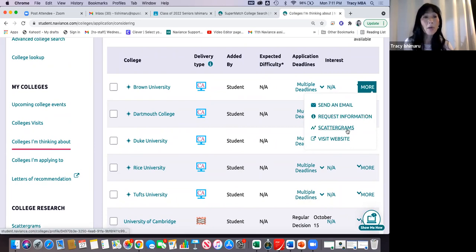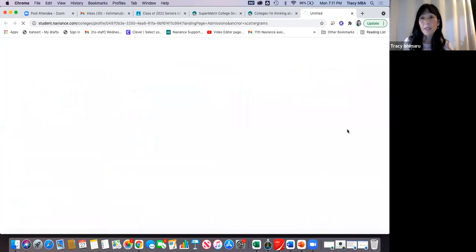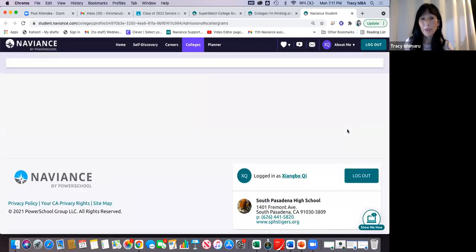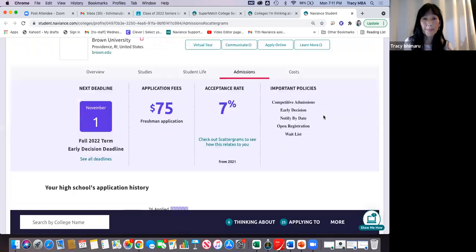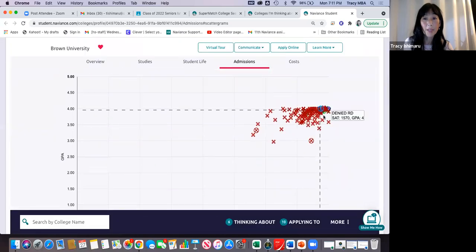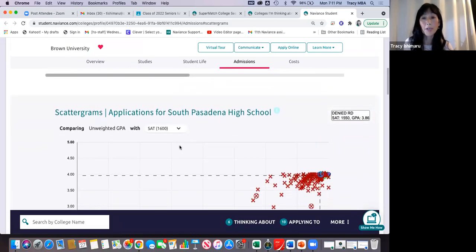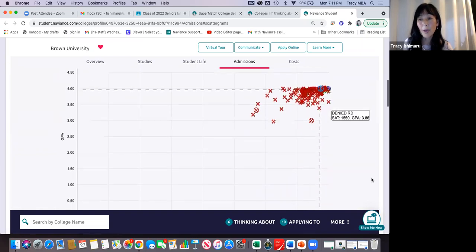And there's this one called Scattergrams. Scattergrams show the student the students that have applied to that particular school by their GPA and their test scores. So if you look at that there, it will tell you for Brown University with the SAT of 1600, the red are those students that were denied entrance.